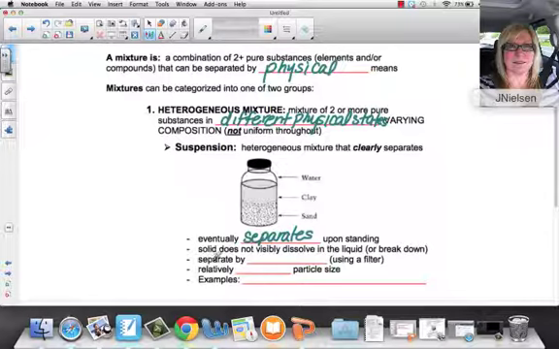The solid does not visibly dissolve in the liquid or break down. We can separate by what's called filtration. We're using a funnel and filter paper. And this has a relatively large particle size.